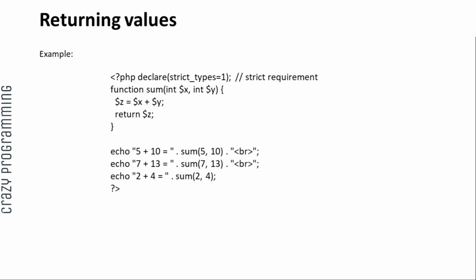Then a dot to close it, and I use the line break, that is an HTML element, and it will print 5 plus 10 equals 15. Like that we use echo 7 plus 13 equals sum 7, 13, same as you can see in the example. And in the third one I say echo 2 plus 4, that is sum 2, 4.